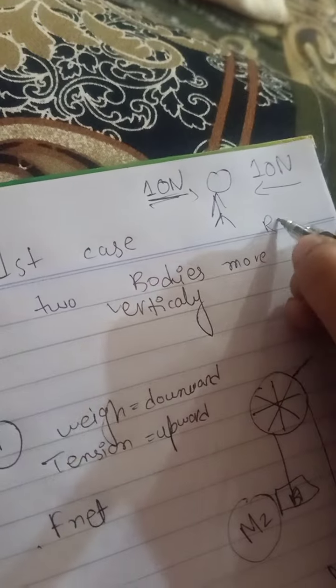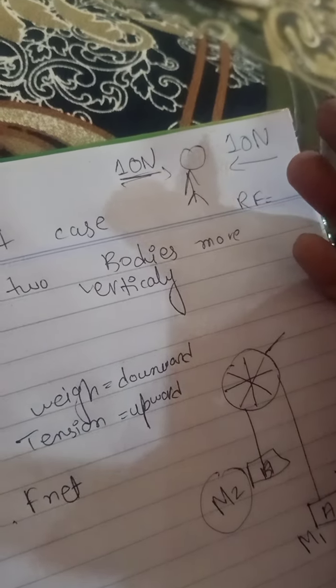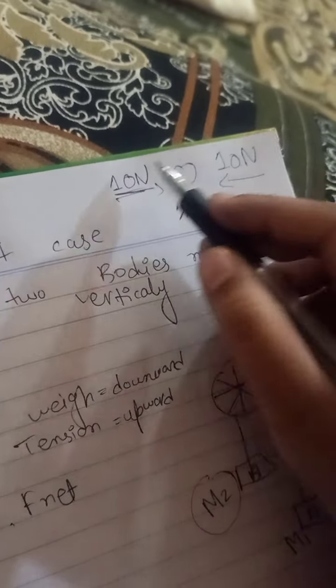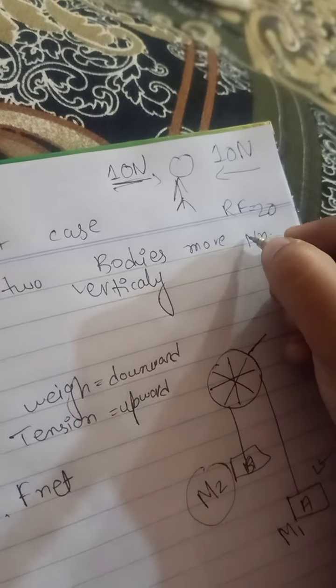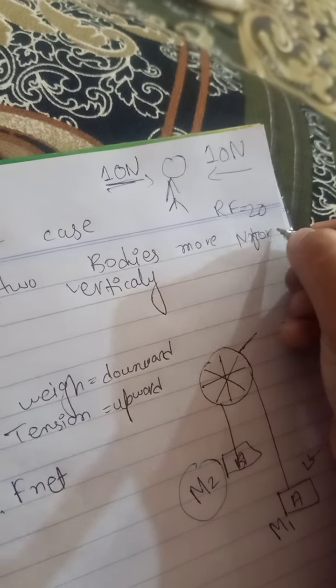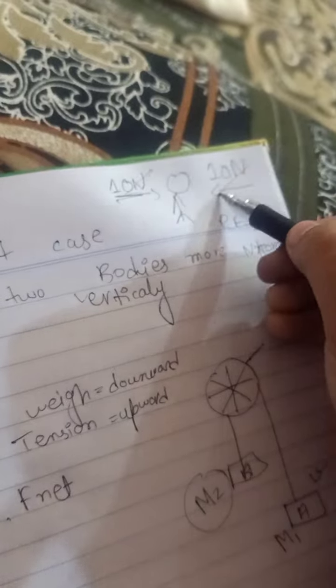If you're talking about the resultant force, we add the forces, so it will be 20. But the net force will become 0. How? Because this cancels out the other side.